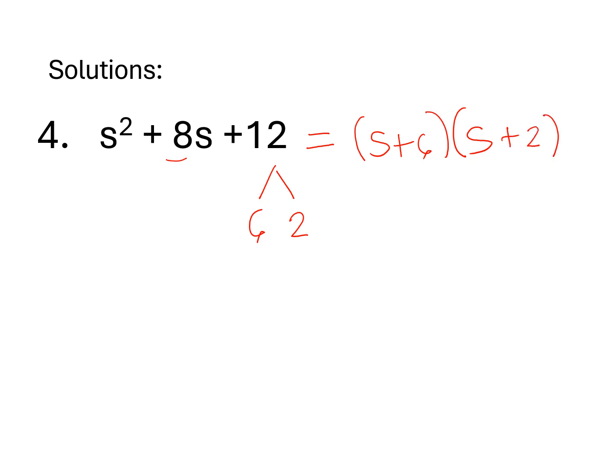Again, the factors of s squared plus 8s plus 12 equal the quantity s plus 6 times the quantity s plus 2. Take note, class, that the leading coefficient of the quadratic term is 1.